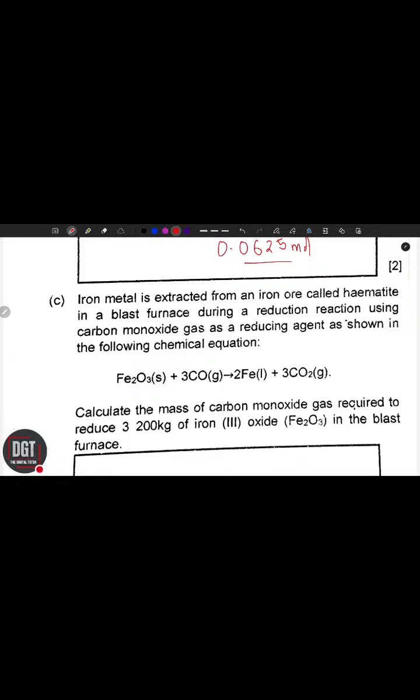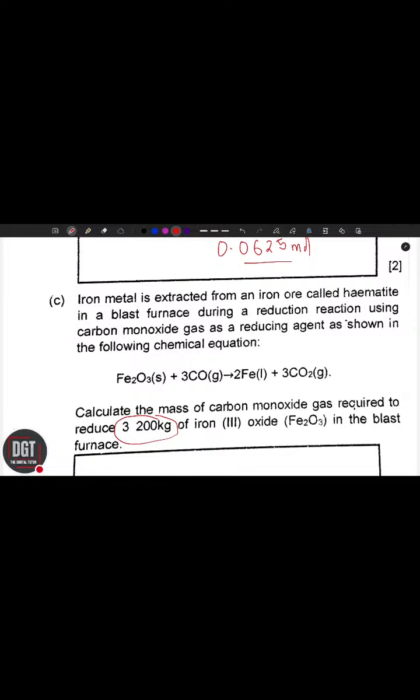Calculate the mass of carbon monoxide gas required to reduce 3,200 grams, I guess, of iron. Calculate the mass of carbon monoxide required to reduce 3,200 grams, that is 3.2 kilograms, of iron.